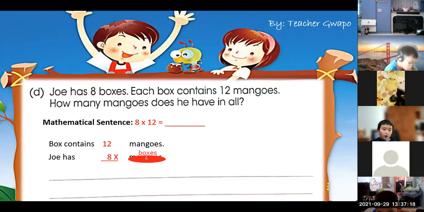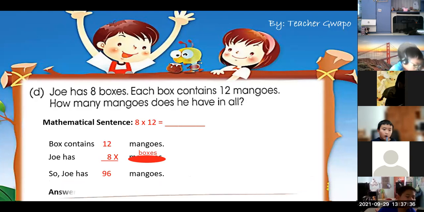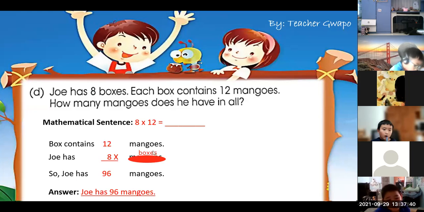So we will just multiply. Joe has 96 mangoes all together, or the total of mangoes in 8 boxes, because 8 times 12 or 12 times 8 is equal to 96. So Joe has 96 mangoes. Don't write mangoes here. This is Joe has 8 boxes, not 8 mangoes.